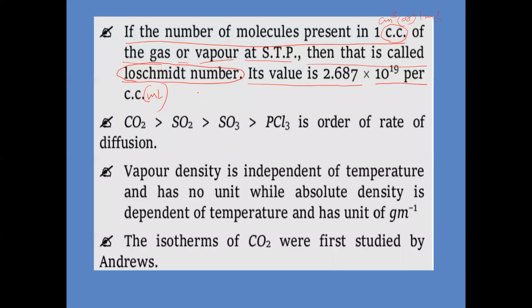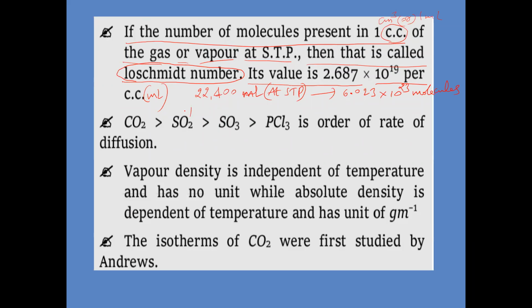How did we get this? Here we know that 22,400 ml at STP contains 6.023 into 10 to the power of 23 molecules. This many molecules are present in 22,400 ml.